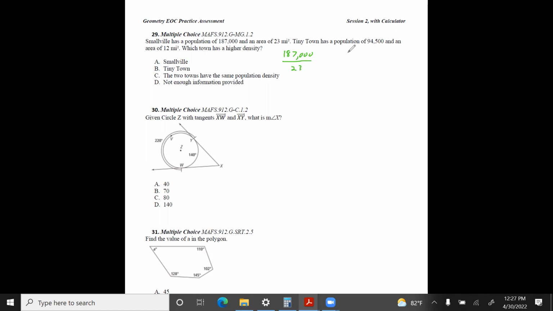So these are the two fractions that you should set up. The first one is 187,000 over 23. The second one is 94,500 over 12. So let's get our calculator and see which one is going to be the higher density.